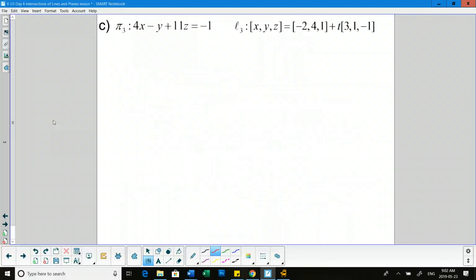Okay. All right, and then I want to show you a third version of what you might approach if they're parallel and coincident. So here I'm actually just going to create my parametric equations quickly because they're not given.